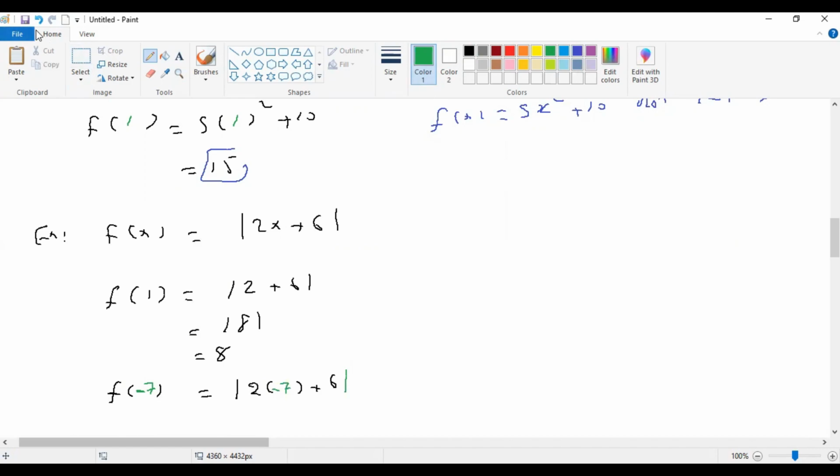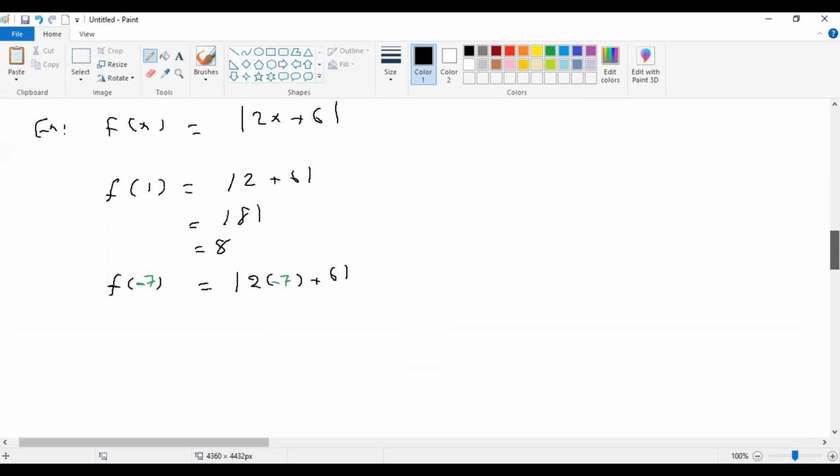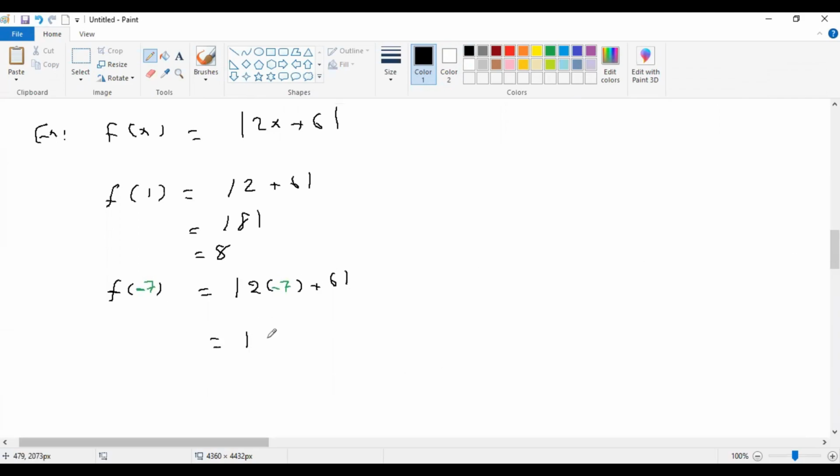Now this one is equal to the absolute value of -14 plus 6, so the absolute value of -8, which is equal to 8.